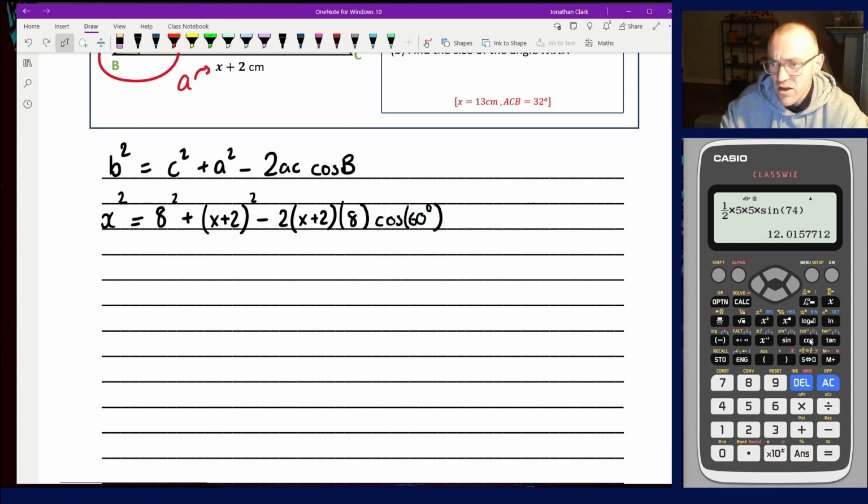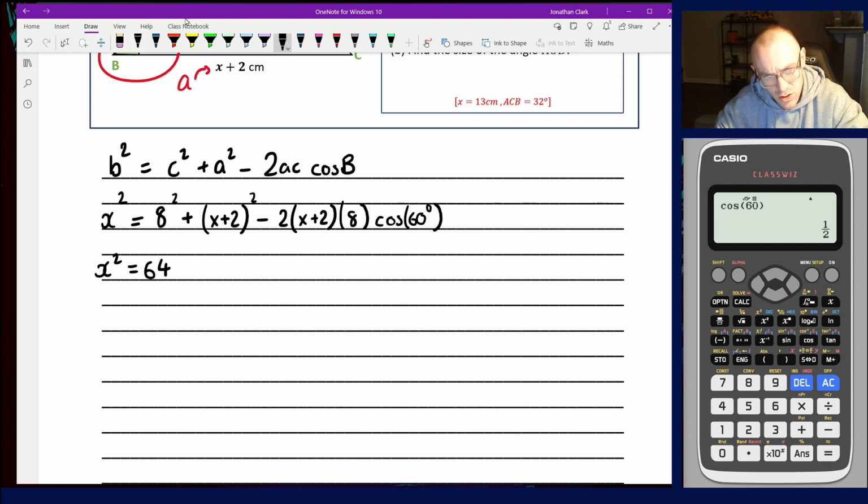However, those of you that have covered this in additional maths possibly at school, you may know that cos 60 has a nice value. It's actually equal to a half. So what I'm going to do is I'm just going to write this statement down again, replacing the entirety of cos 60 with 1/2.